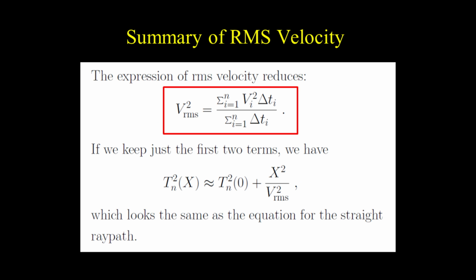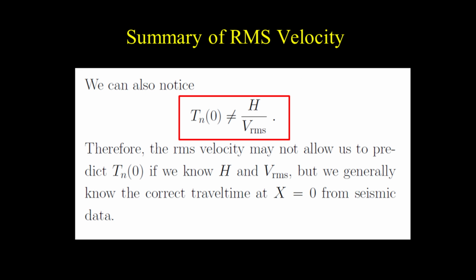So here is the expression of RMS velocity associated with straight rays. The second equation recalls the hyperbolic moveout. We can also notice that at zero offset, the travel times are not necessarily valid under homogeneous medium assumptions.